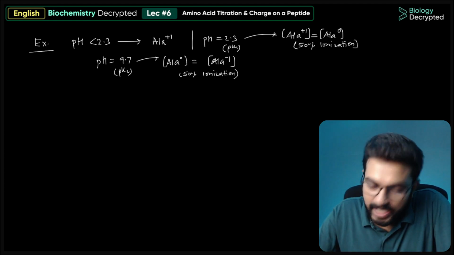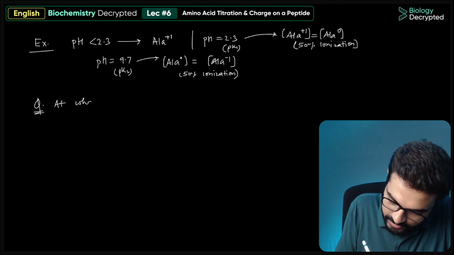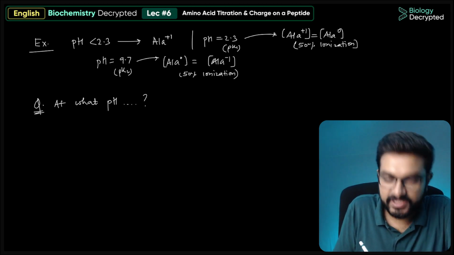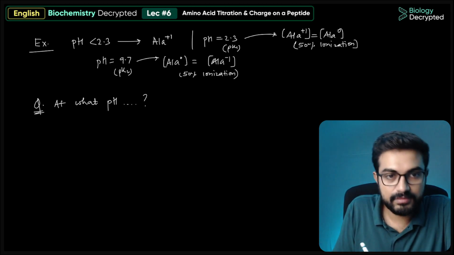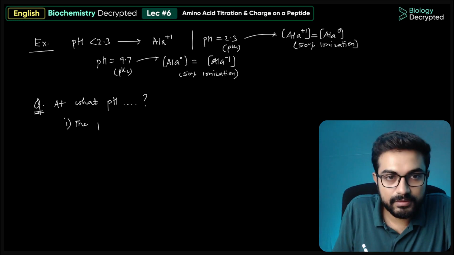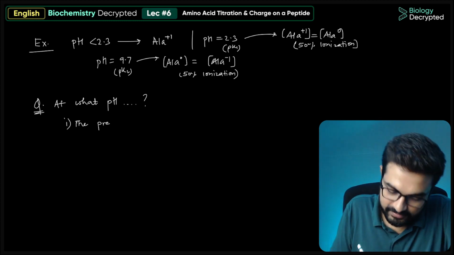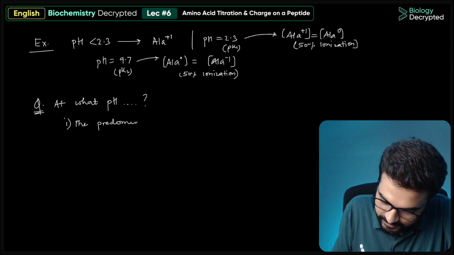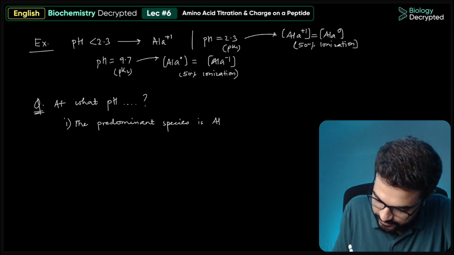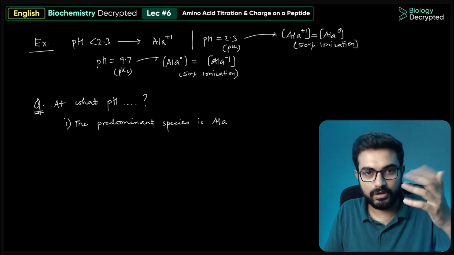Now, I'll ask you 3 questions. First, at what pH is the predominant species alanine 0? No need to give a specific answer. You can also give a general answer like greater than, equal to, or lesser than.